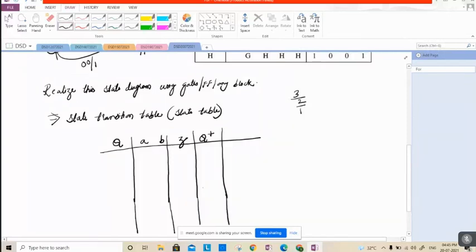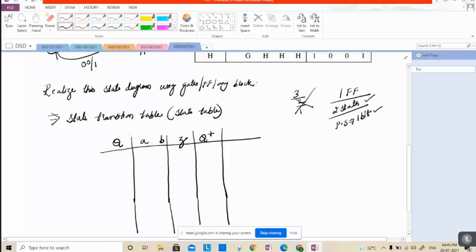Because we have two states, or else the present state is only of one bit. Both explanations hold good. Our present state is only of one bit.